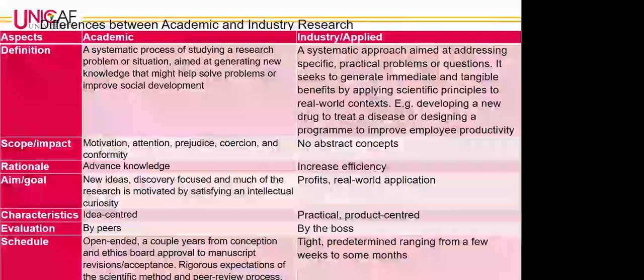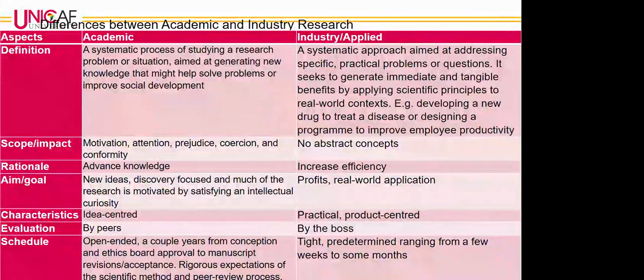Whereas, as I have indicated, the applied one is to simply increase efficiency, productivity. Now, in terms of the aim goal, again, it is about new ideas for academic discovery. It is focused, and much of the research is motivated, as I've indicated, by satisfying an intellectual curiosity. Whereas for the industry, it is for purposes of increasing profits or real-world application.